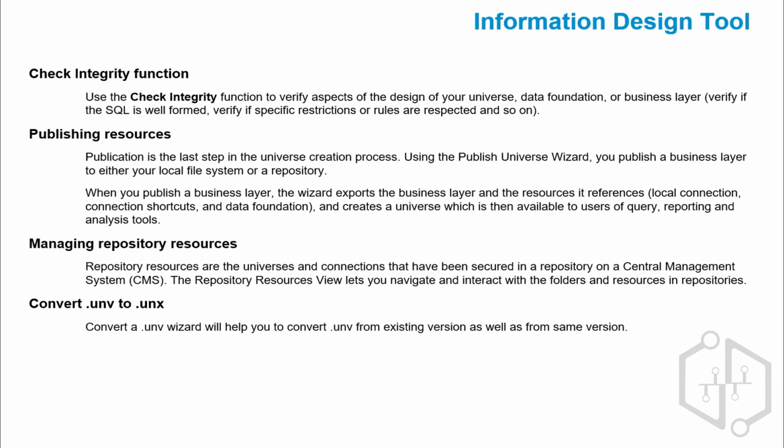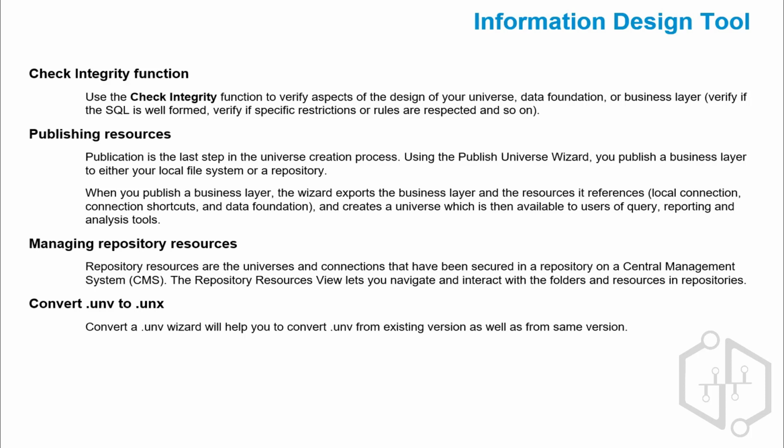So if the server is down, we will not be able to access the universe or report. So there will be admin people who keep that server up and running always. If there are any issues with the server, or any network issues, they will sometimes restart the server, or they will restart the Tomcat, which is the back end of the server, so that the server will be up and running.